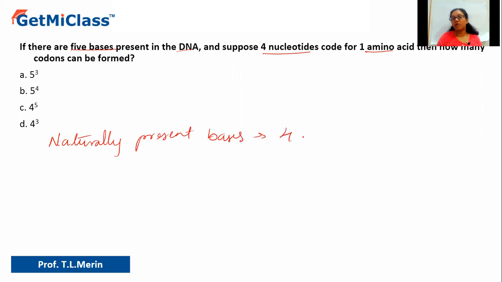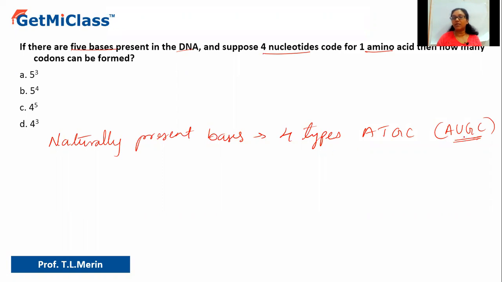We have 4 types of bases, right? ATGC, or in case of codons, we actually use AUGC. So we have to consider AUGC. Why?